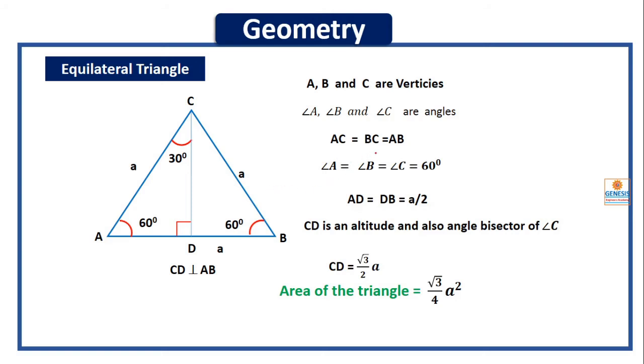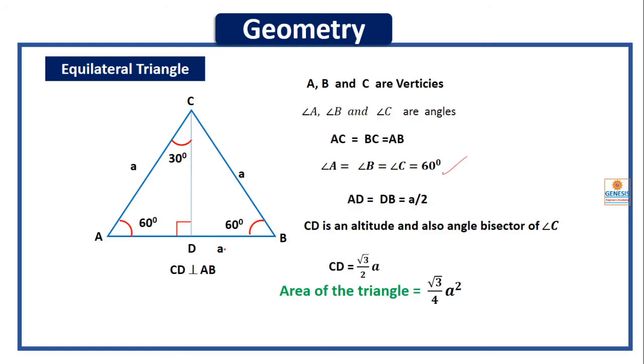A very important triangle, because the answer is very short, but the question may look very big. ABC are vertices, sides AB, BC, AC are all equal, and angles are 60, because the sum of the angles in a triangle is 180, divided by 3 is 60.